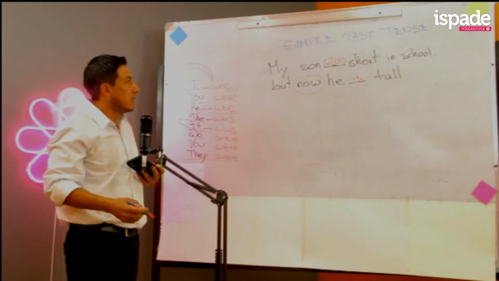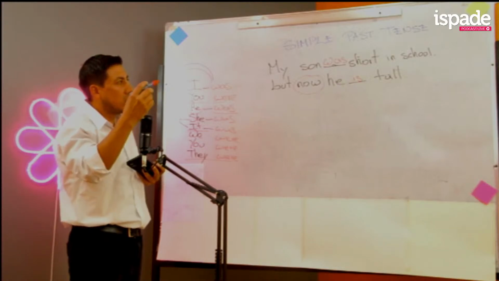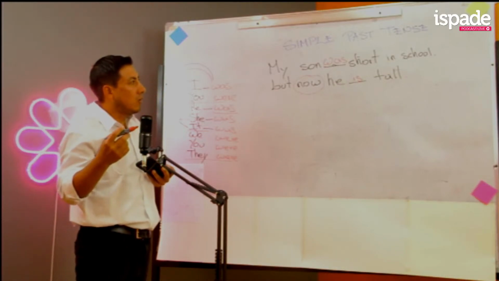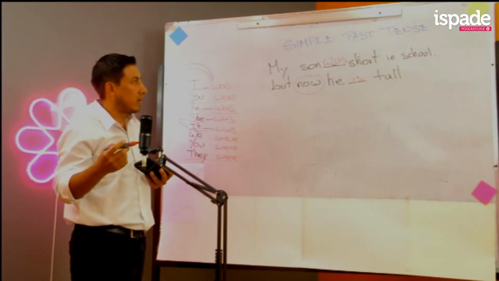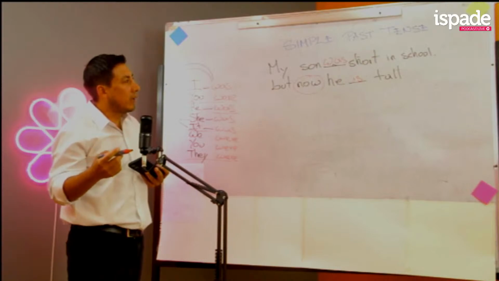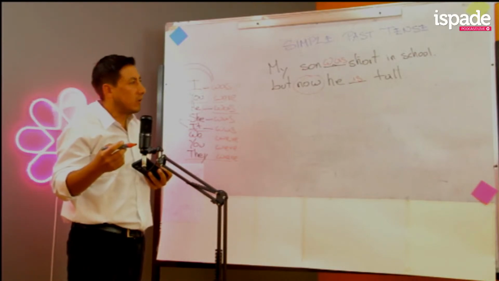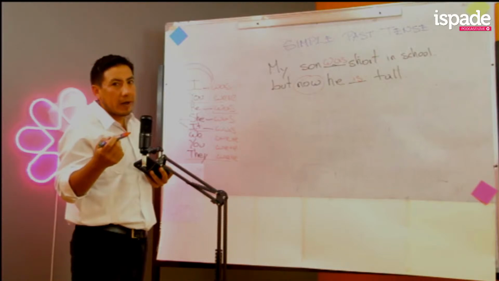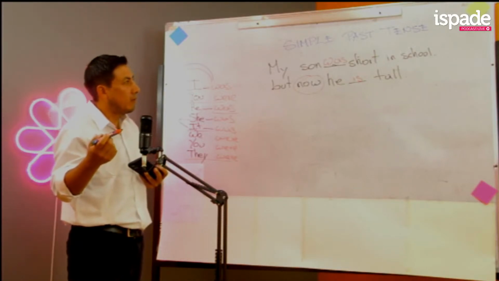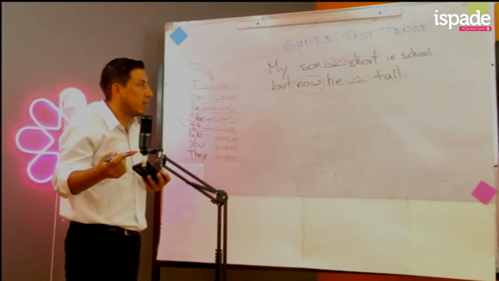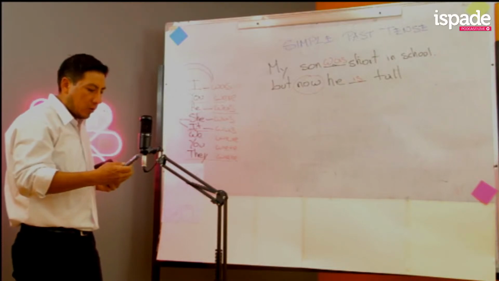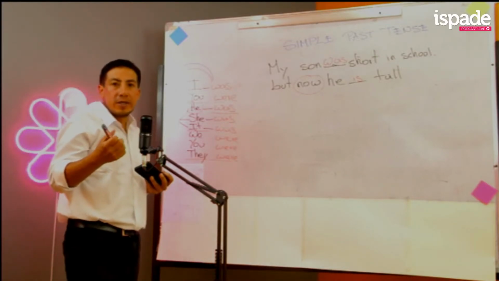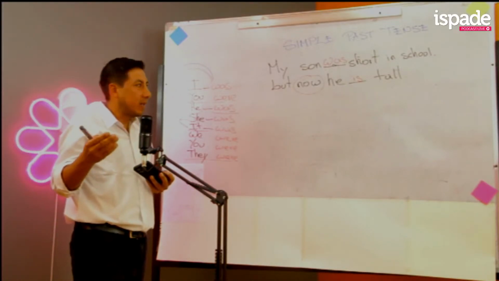He is. So let's see. My son was short in school. Mi hijo fue bajo en la escuela. Pero ahora él es alto. Ahora presente. Y mi hijo fue, pasado del verbo estar, fue en la escuela. Pero ahora es alto. You see? So we share the present tense and the past tense.